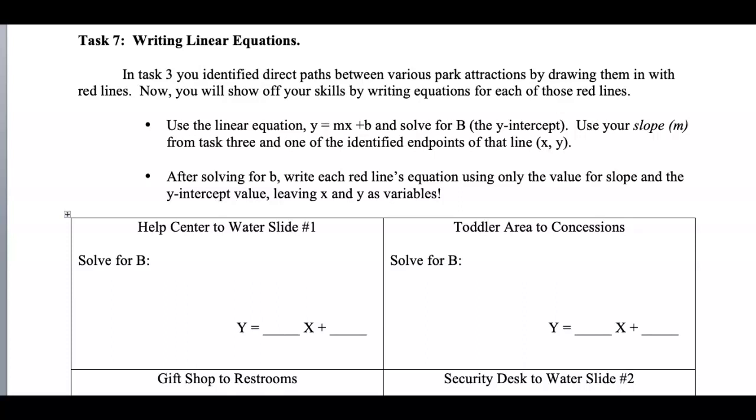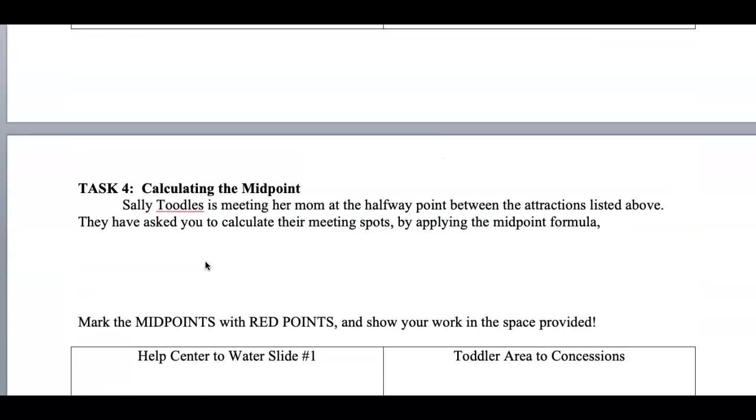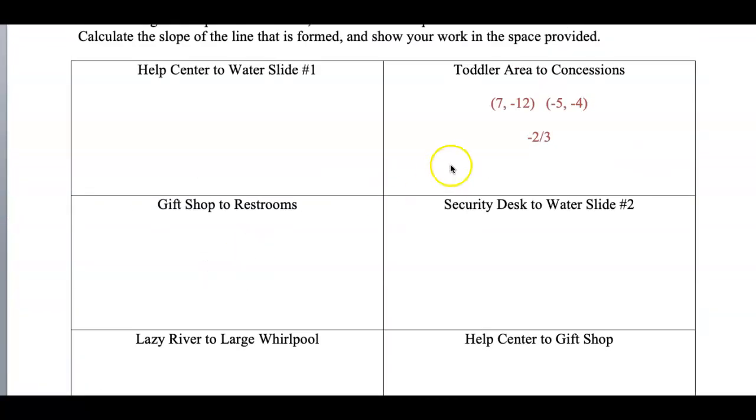Sorry about the bells. Then write it as the linear equation style that we're used to. Again, I'm going to talk about the toddler area to concessions because I've already solved for the slope. If I go back to task 3, right there, I have 2 points: this is the toddler area point, and this is the concessions area point, and then my negative 2/3 was the slope that I calculated in that task.